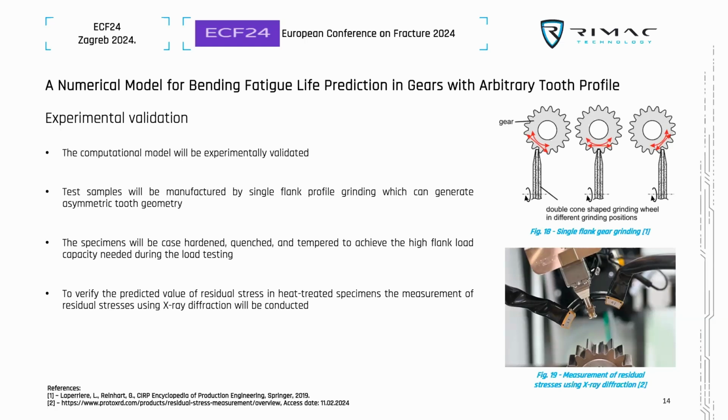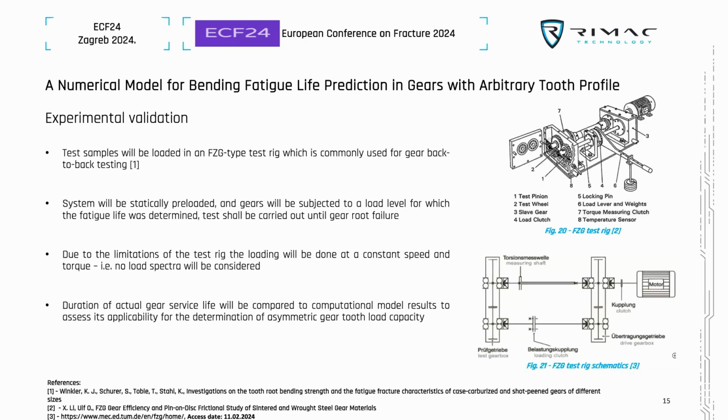Also, some of the specimens will be used to measure the exact values of residual stresses using X-ray diffraction, so that we can compare the theoretical assumptions about the level of residual stresses with the real values that are present in the gears which are going to be tested. The gears themselves will be tested in an FCG type test rig, so they will be statically preloaded to a certain load level, and then they will be, of course, tested until failure.